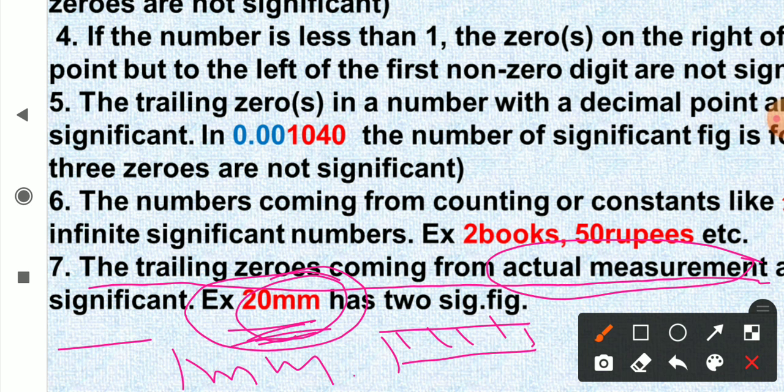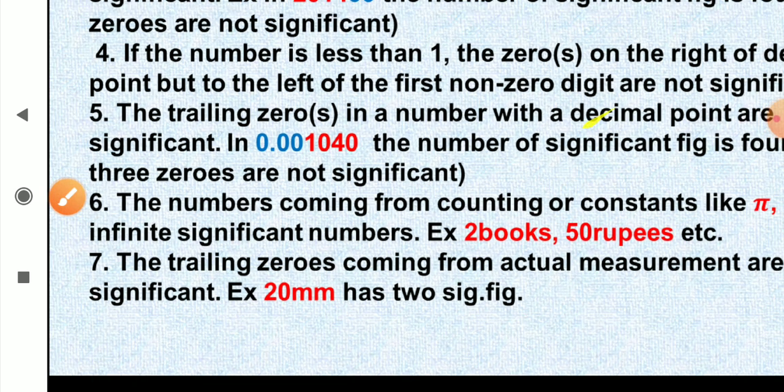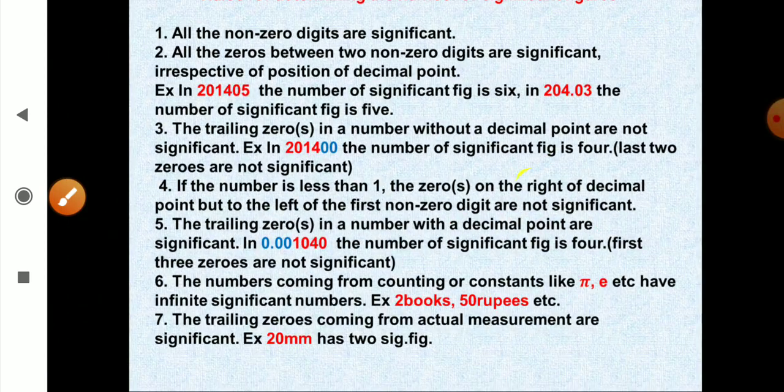Now if we look at the previous rule, this number 20 has one significant figure because the trailing zero is not significant. But here in this case, this zero is coming from actual measurement. So this is also important or significant. So this 20 millimeter has two significant figures. So these are some rules to find out significant figures, and very important rules.